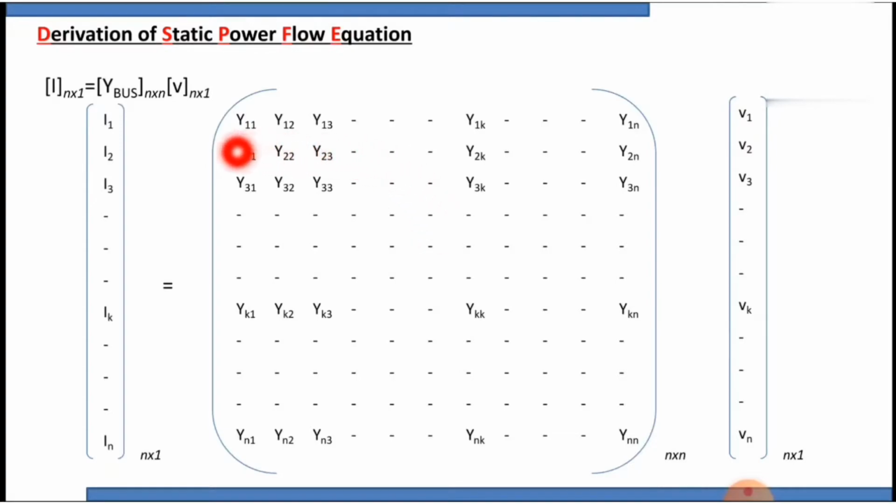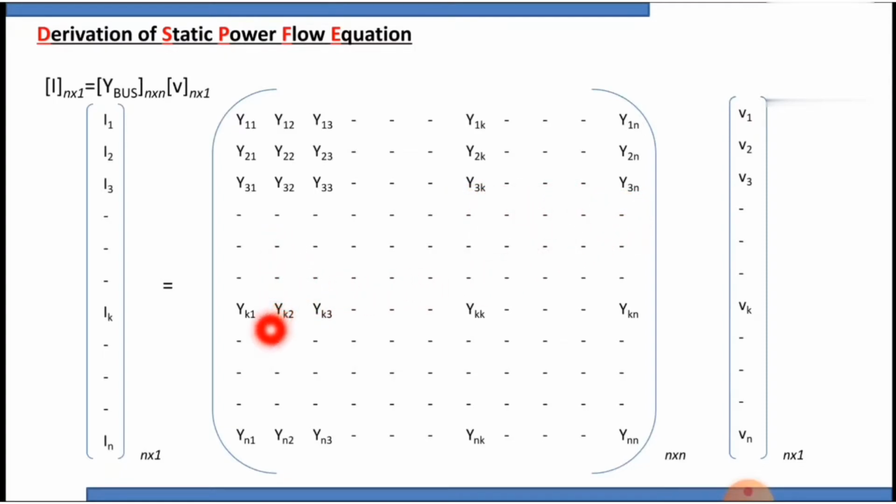That means Y11, Y12, Y13 and so on, Y1k and so on, Y1n. The second bus, that is Y21, Y22, Y23 and so on, Y2k and so on, Y2n. For the third bus, Y31, Y32, Y33 and so on, Y3k and so on, Y3n.